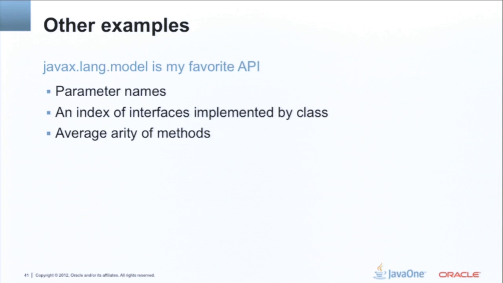So I just hacked into the compiler to the make script and ran my visitor and got the sort of data I needed. I think I have also done calculations on average arity of declared methods in the JDK, for example, and those have been stuff that I needed to do for my work.